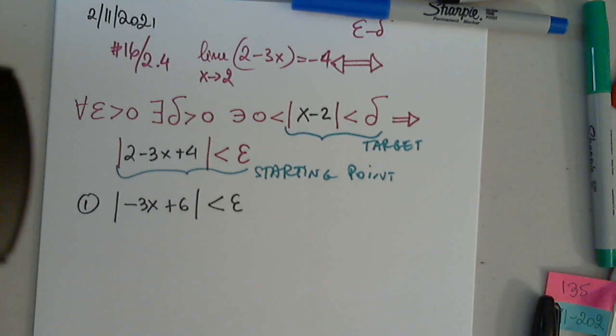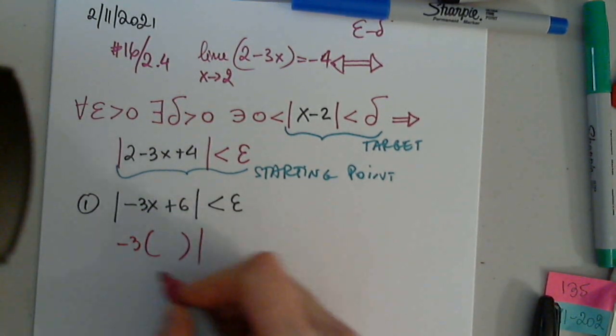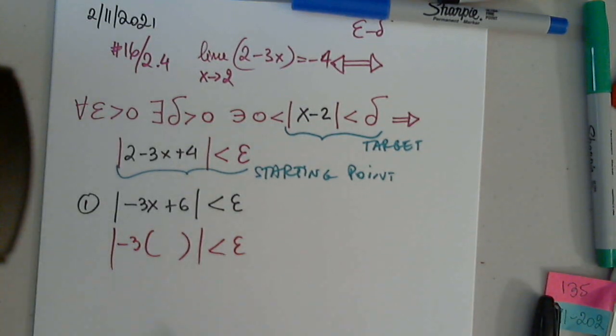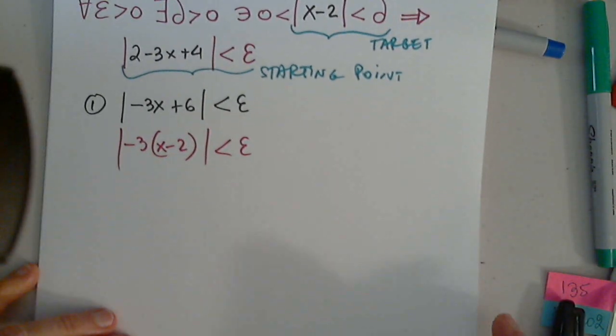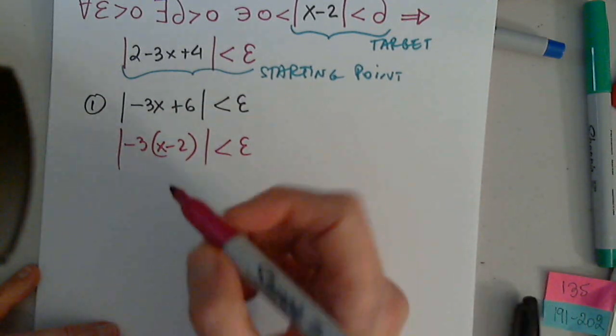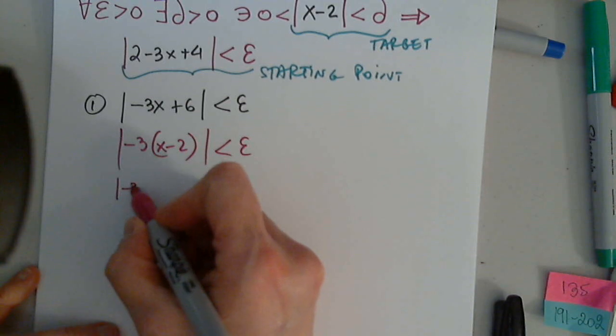We can have a -3 outside and then... Very good. -3. And what else? X minus 2. Very good. What do we do next? And remember a few minutes ago, I said the next step is very clear what it has to be. We can have a -3 absolute value. Very good.